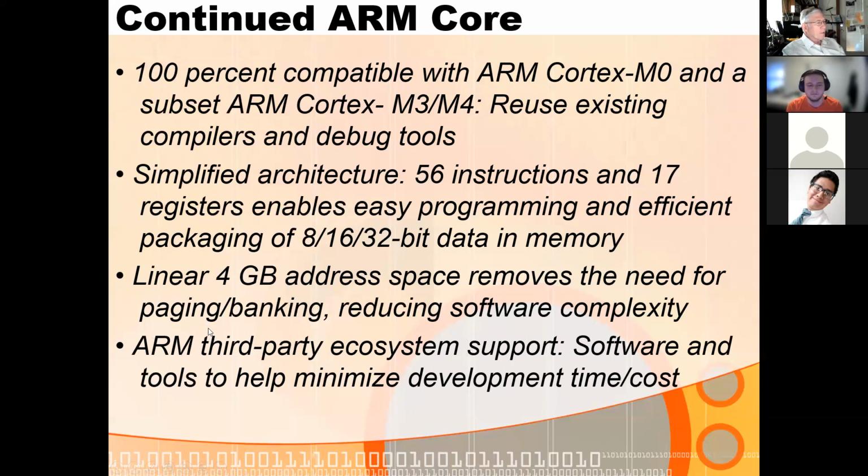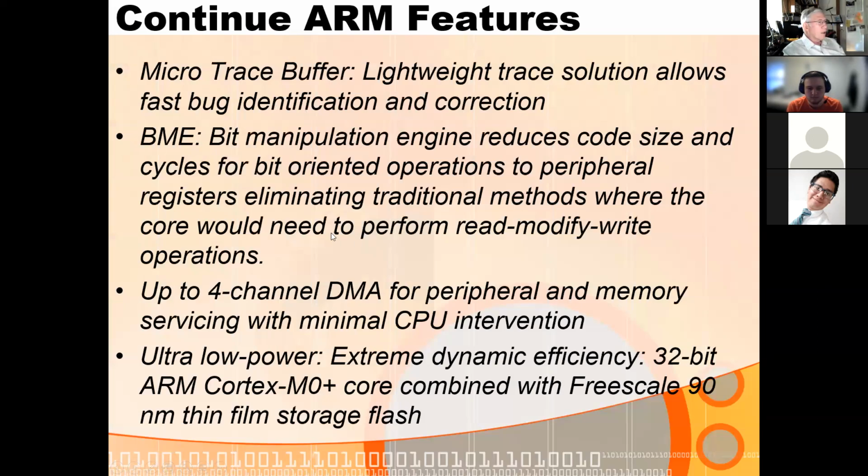So it is nice that this ARM third-party ecosystem supports out there. What's different, of course, is this chip has Freescale modules on it. Now NXP, I guess. So that wouldn't be true for other ARM M0 plus cores based microprocessors.